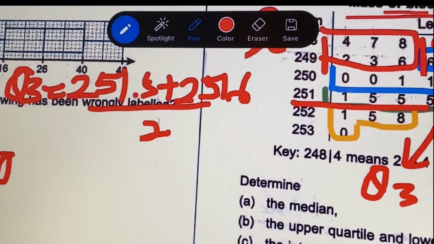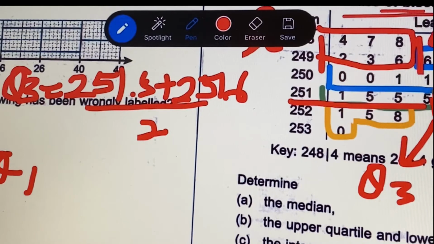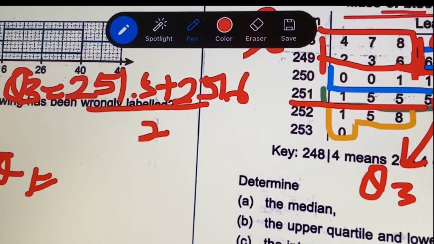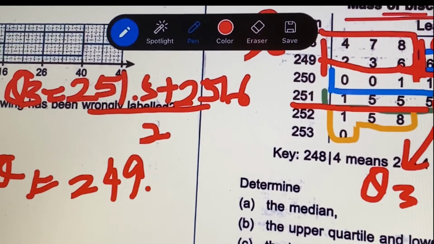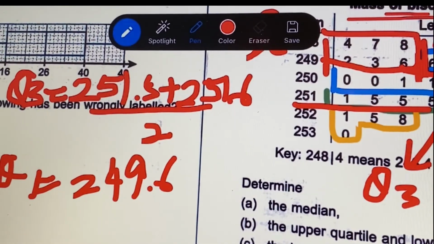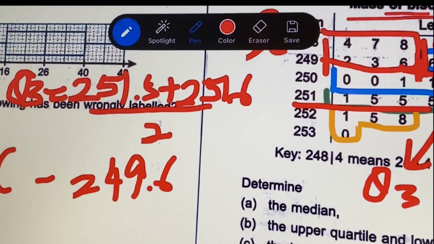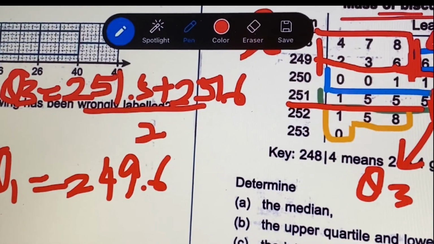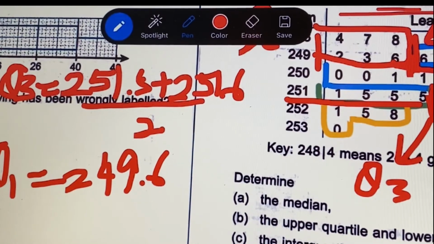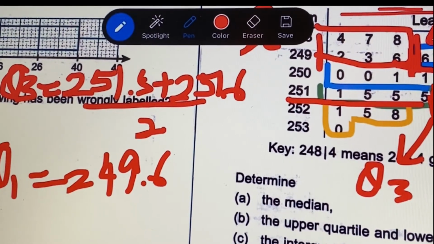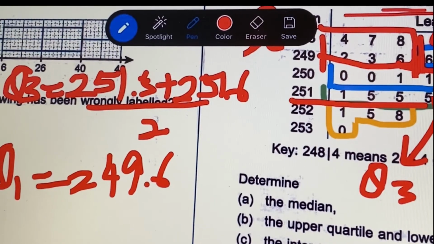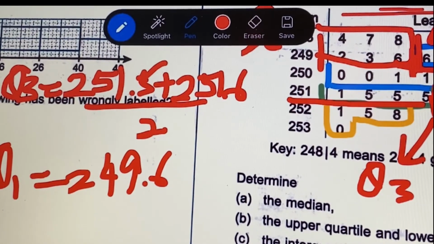And then for Q1, because both are the same, it's easy. You average the 2, it is still 249.6, right? So our Q1 will be 249.6. Our Q3 is a bit troublesome. We have to press the calculator. 251.5 plus 251.6, and we divide by 2.